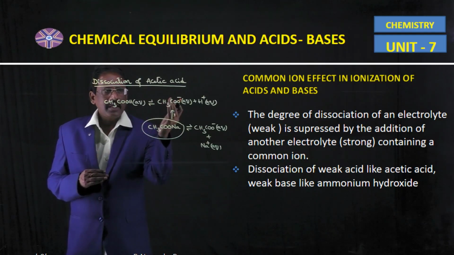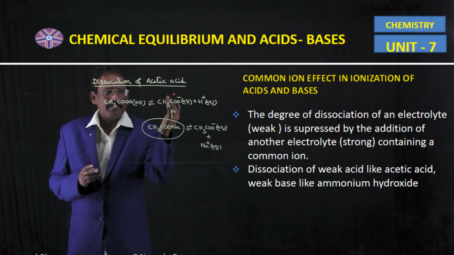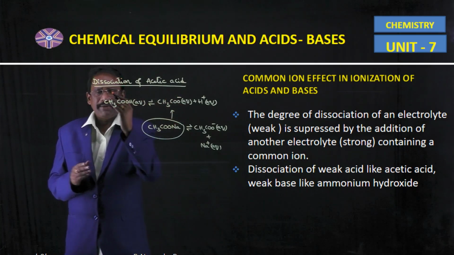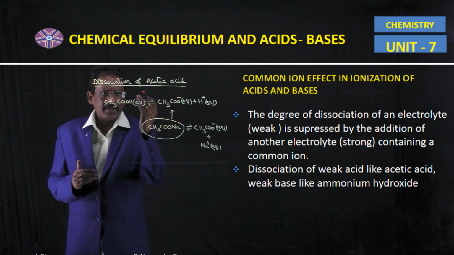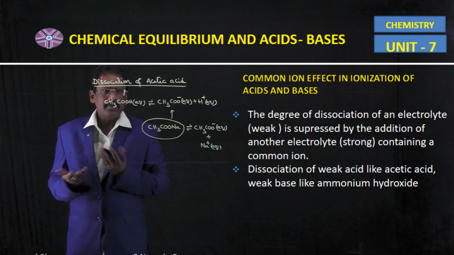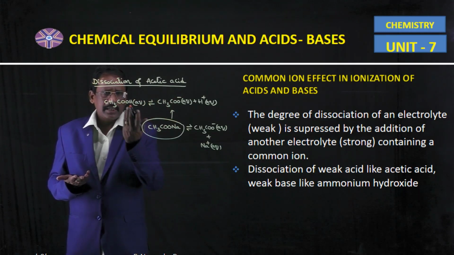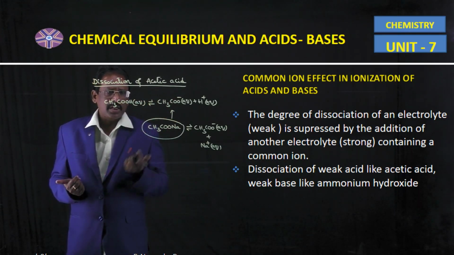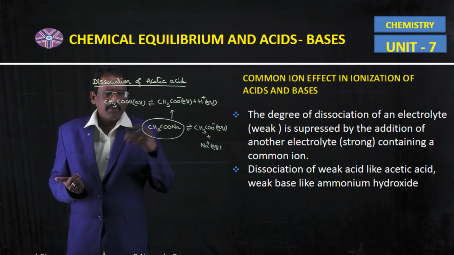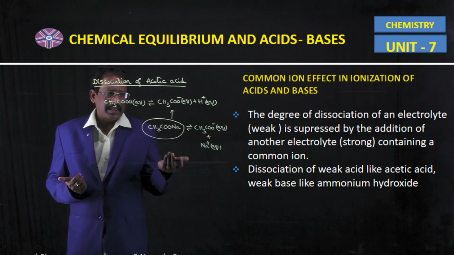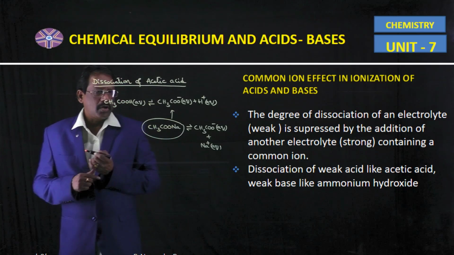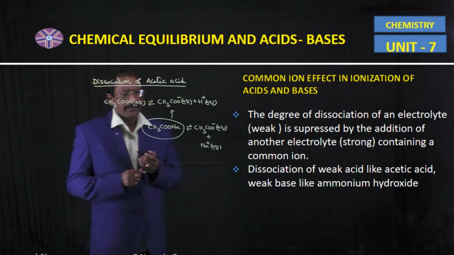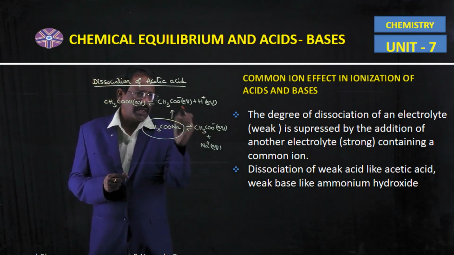That's why the equilibrium shifts from right to left. The backward reaction takes place. So the degree of dissociation of the weak acid is further reduced by the addition of this strong electrolyte. Here these two are common ions.